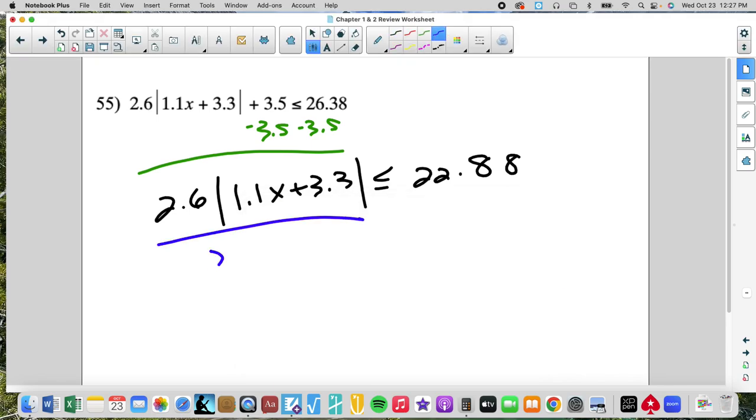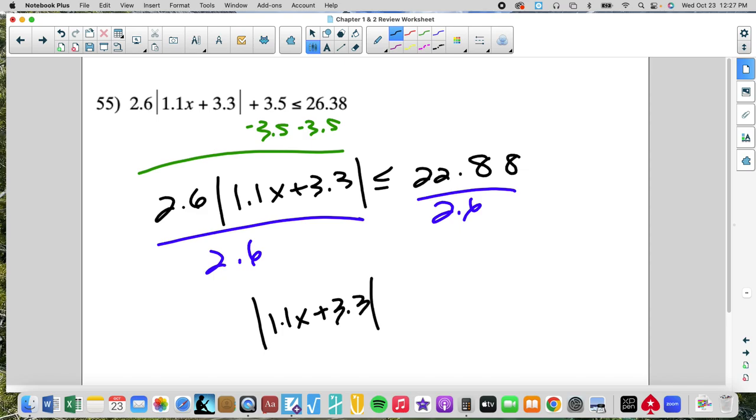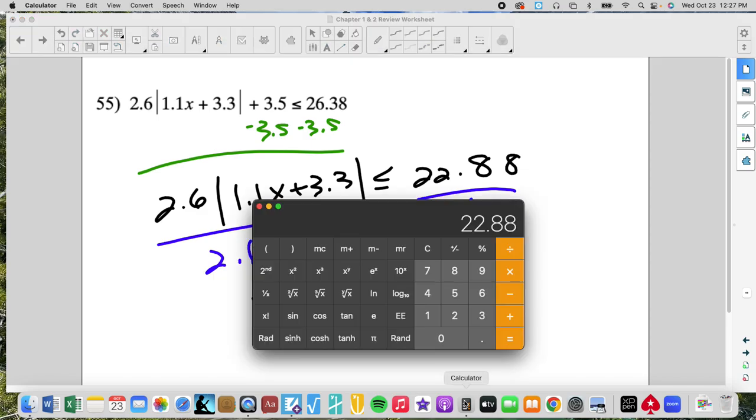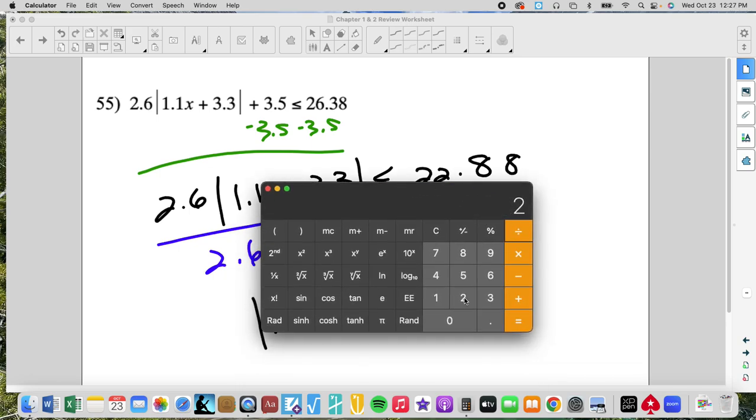Let's divide by 2.6. We get the absolute value of 1.1x plus 3.3 is less than or equal to 22.8 divided by 2.6, which is 8.8.